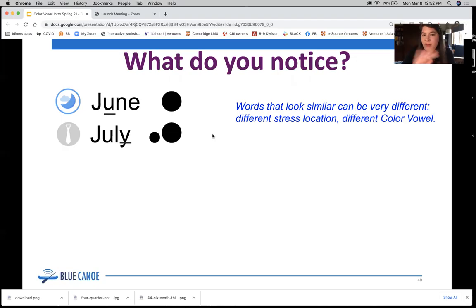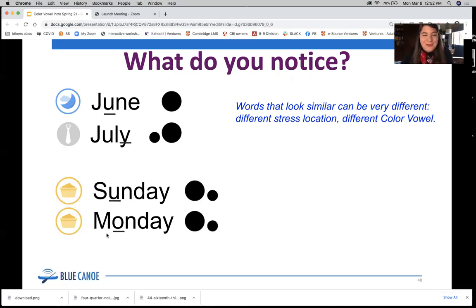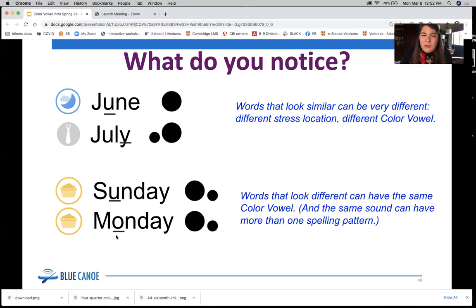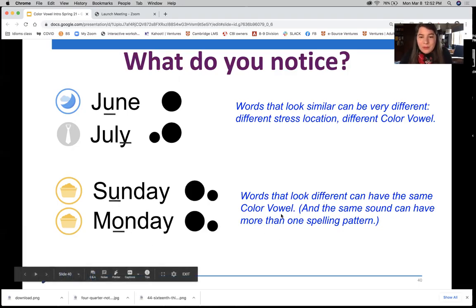But these two, same stress pattern, same sound, but one's with a U, one's with an O. Words that look different can have the same color vowel, and the same sound can have more than one spelling pattern.